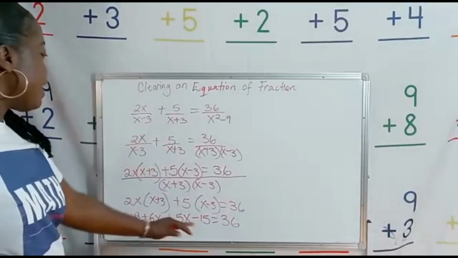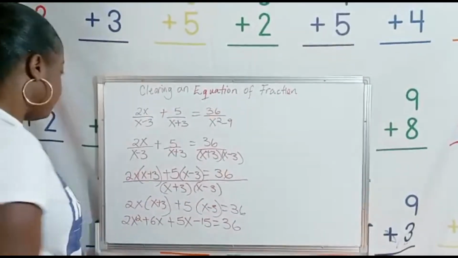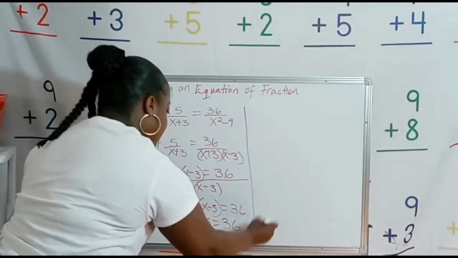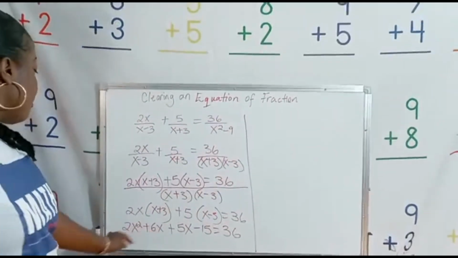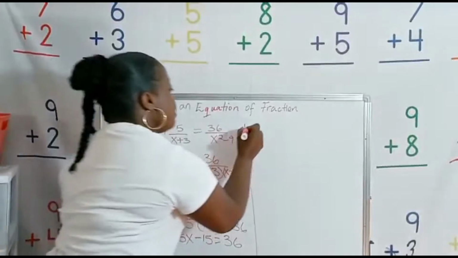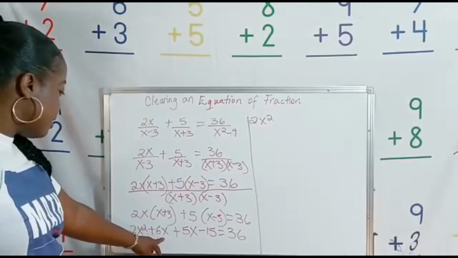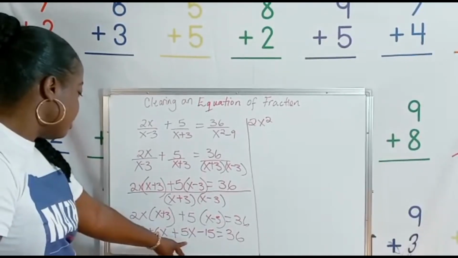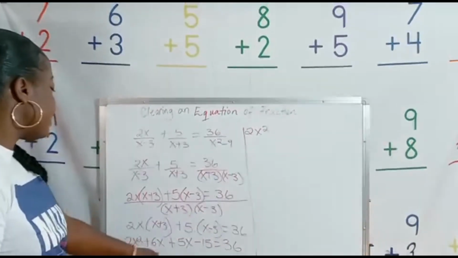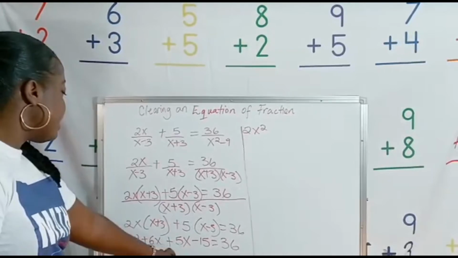I'm going to go ahead and rewrite this up here. I'm going to use this line to separate so we can see what we're doing. So we have 2x squared. I have a positive 6x plus 5x, that gives me 6 plus 5, which is 11x.